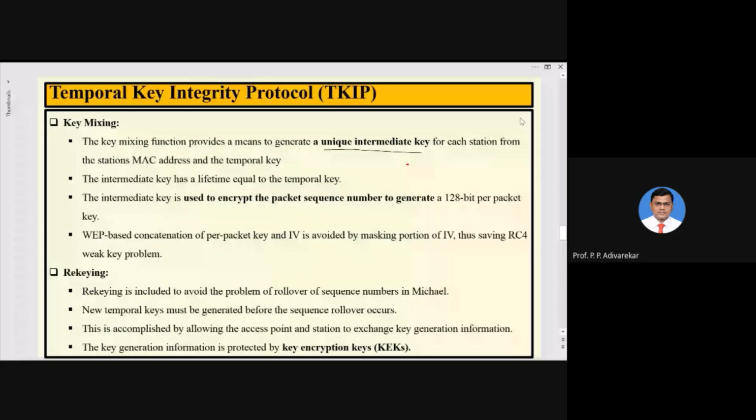The intermediate key is unique in nature for each station, and it is generated by means of the station's MAC address, that is your physical address. One more thing it will generate is a temporal key. This intermediate key has a lifetime equal to the temporal key.